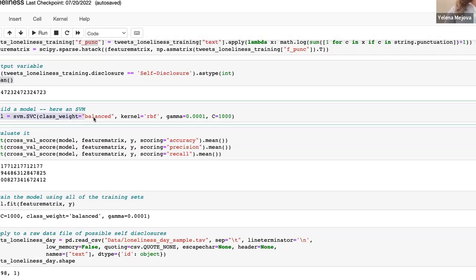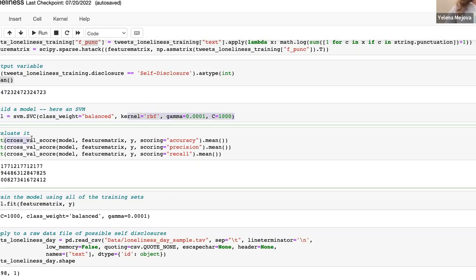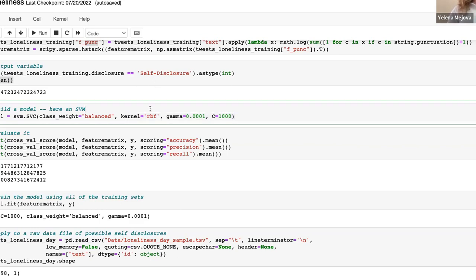We built a model. In fact, we did some search for good parameters here. And we evaluated using cross-validation. So breaking the data set into chunks, train on this, test on that, train on this, test on that, many times. And our performance was not great, but it was better than having original data.